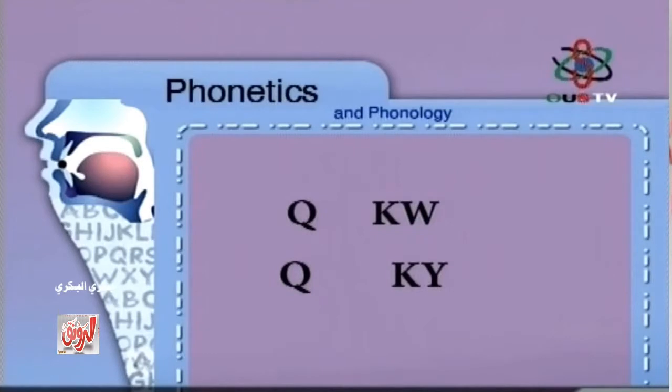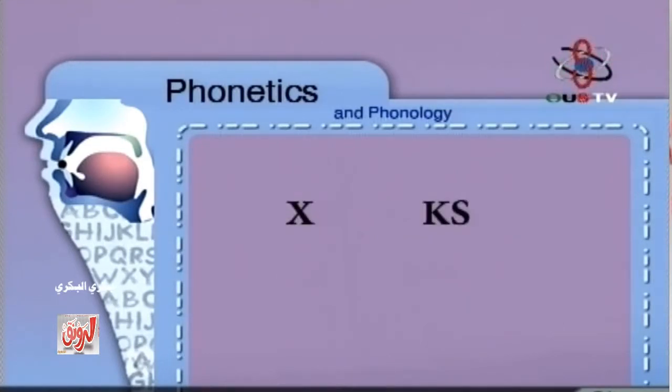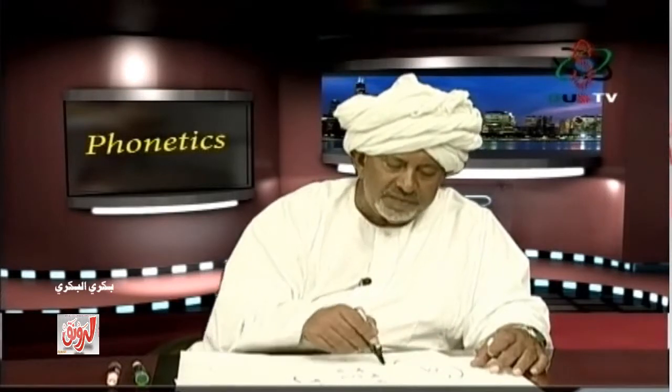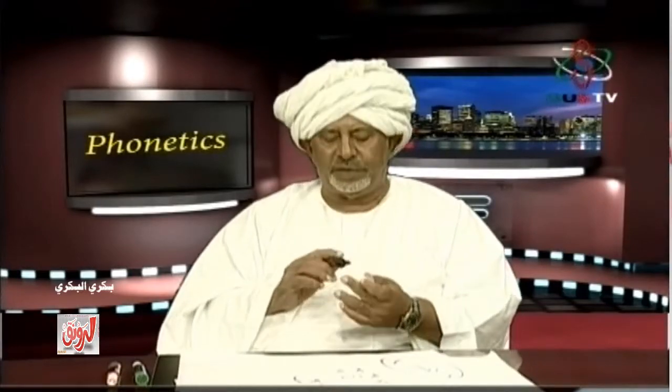And the letter X is always pronounced K-S, like tax, fix, mix, box. So why do we need these? We don't need them, as long as we have the other letters. Okay, now I'm going to go to the description of these consonants.